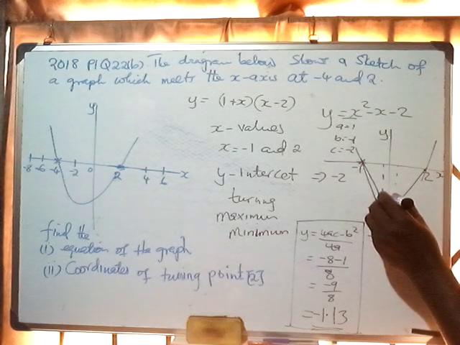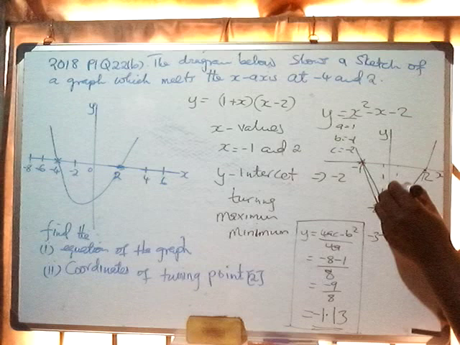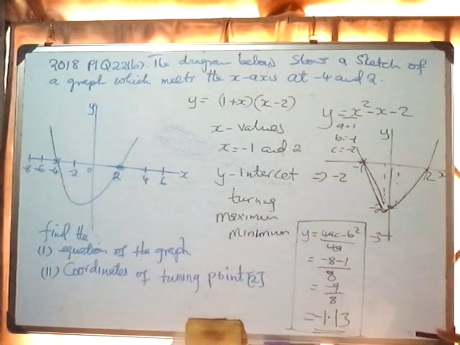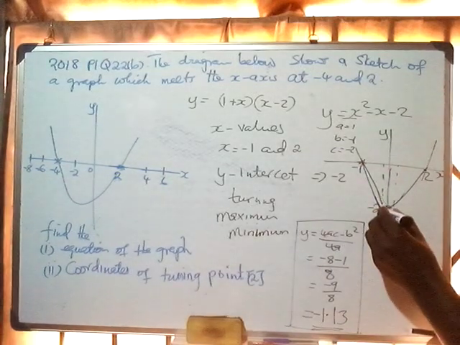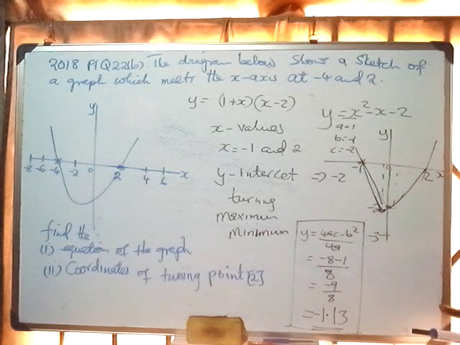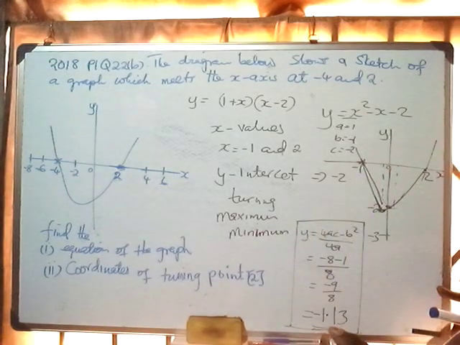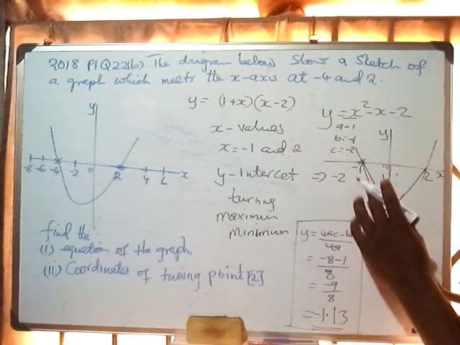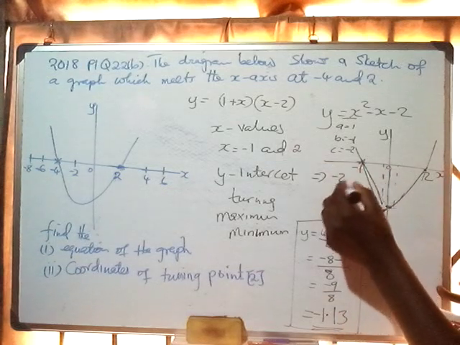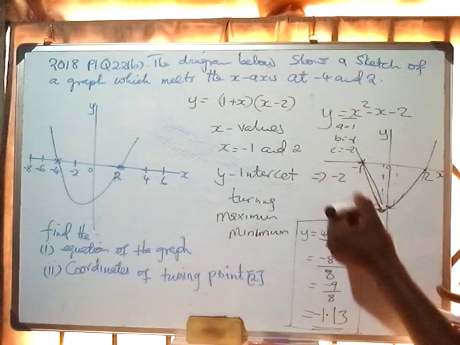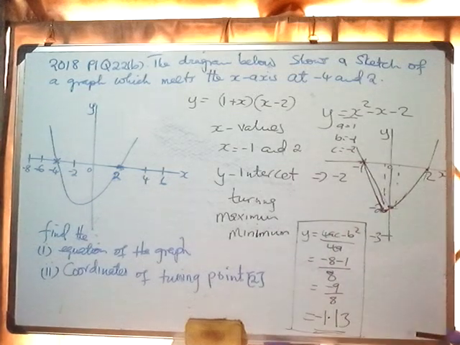But where it is crossing the y-axis, it is at -2. So the minimum may be somewhere there, which is -1 point something. So this is what we are going to have.